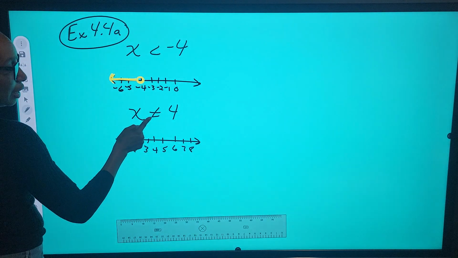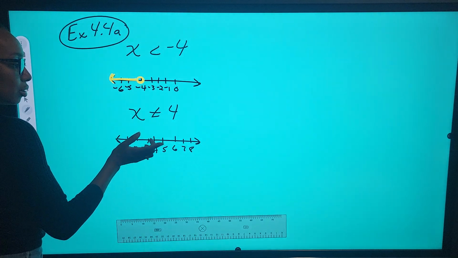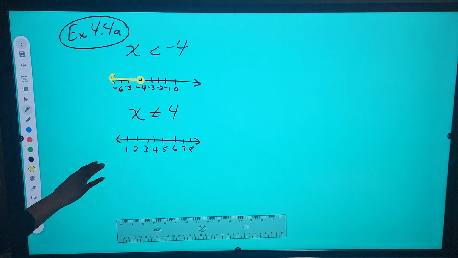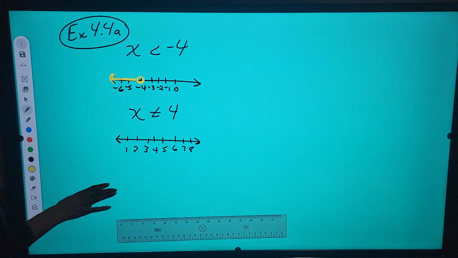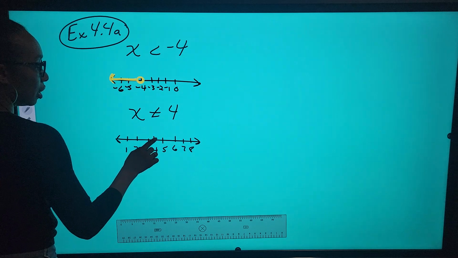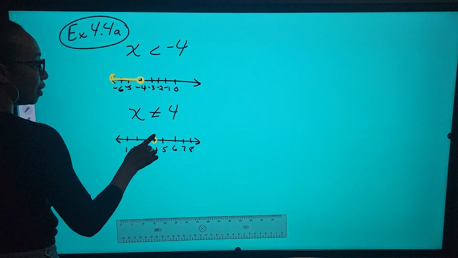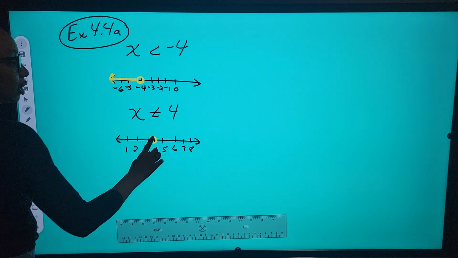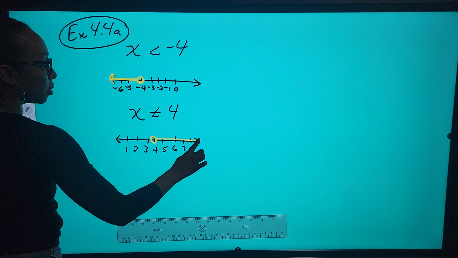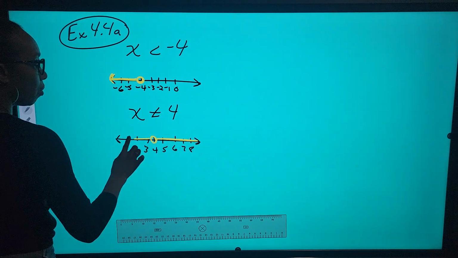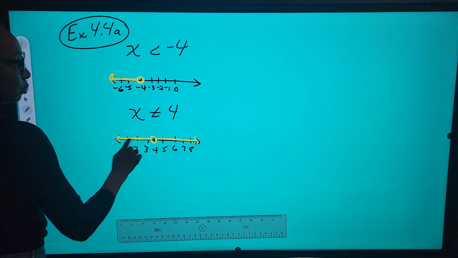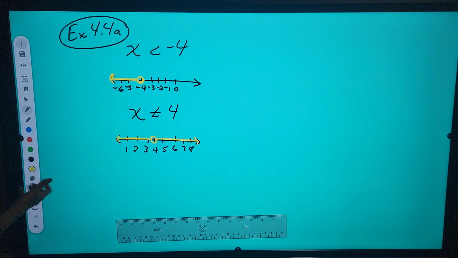I see that it cannot be equal to 4. Basically it's saying x could be any other number except for 4. So for this situation, we're going to have to leave it open at the number 4 because it can't include 4, but it could include every other number larger or smaller. Okay? This would be the value of something not equal to.